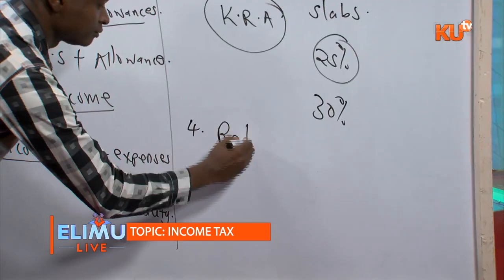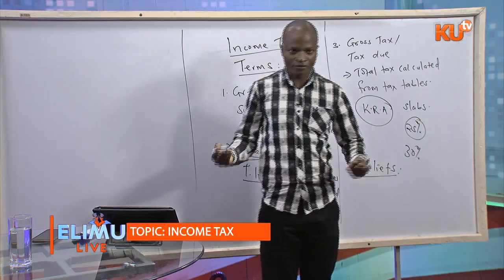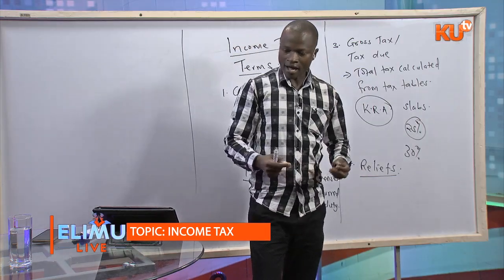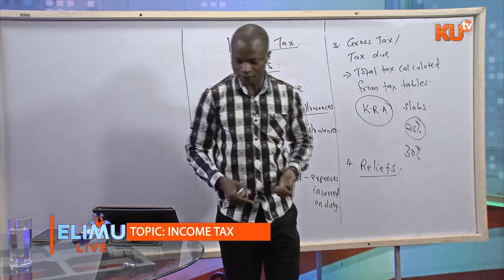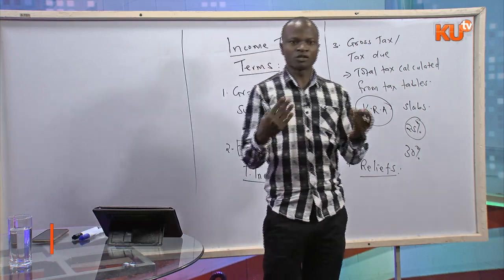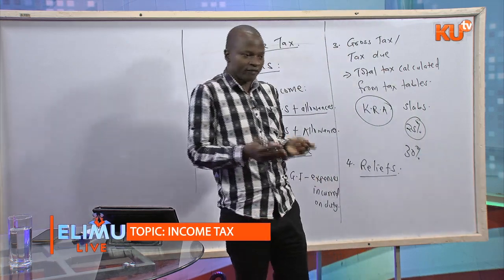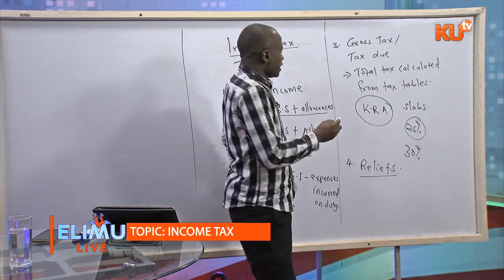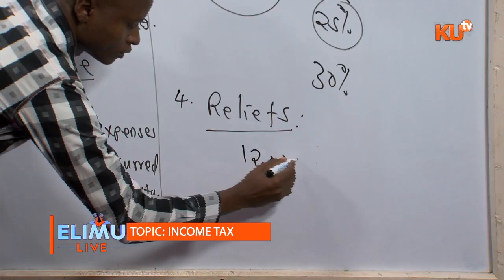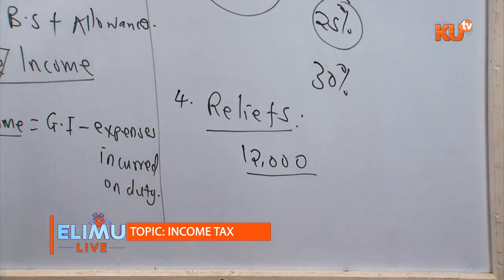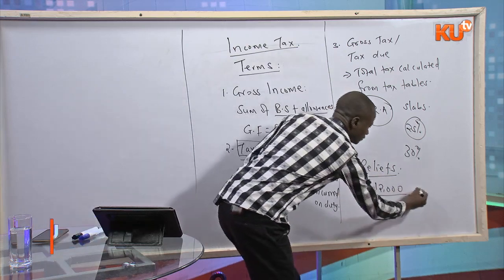Then, after we have defined gross tax, the next one we need to define is something special called reliefs. What are reliefs? Reliefs are usually deducted from the tax someone is supposed to pay, and this will include personal relief. We can also have what we call insurance relief. Let's say you are supposed to pay a premium of 12,000 per month, but the insurance company says we are relieving you 2,000.